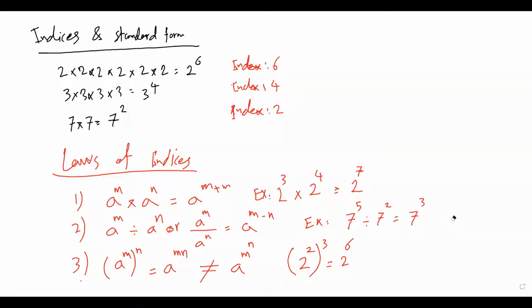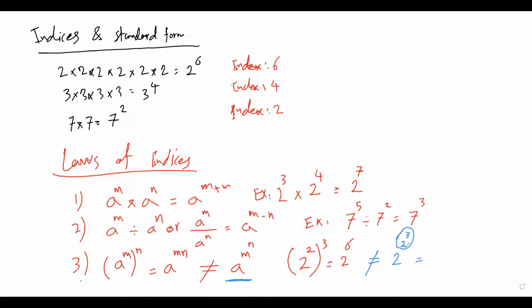And the thing that I just mentioned right here is not equal to 2 to the power of 2 and these 2 right here, let's say it's raised to the power of 3. So 2 to the power of 3 is 8, right?